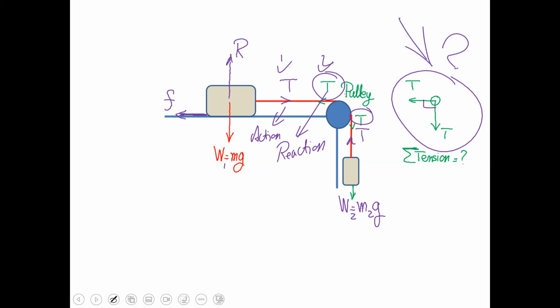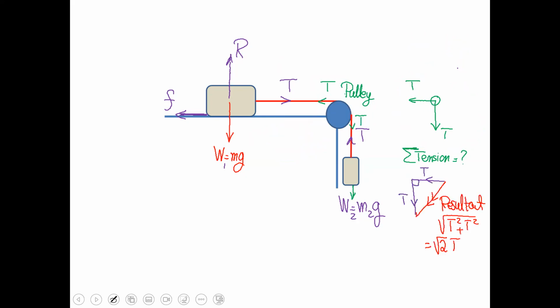Subtracting them? No. Remember how we can find the resultant of two vectors? Yes, hypotenuse, sir. So now upgrade the same diagram and find the resultant. I have made a right angle triangle and I have used Pythagoras theorem.